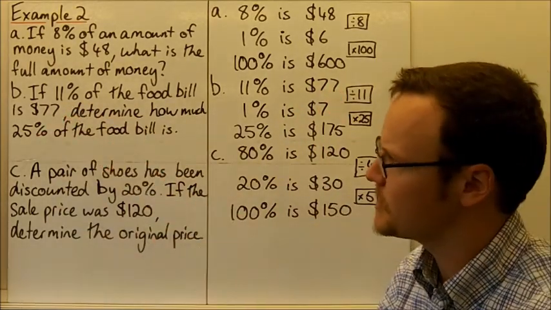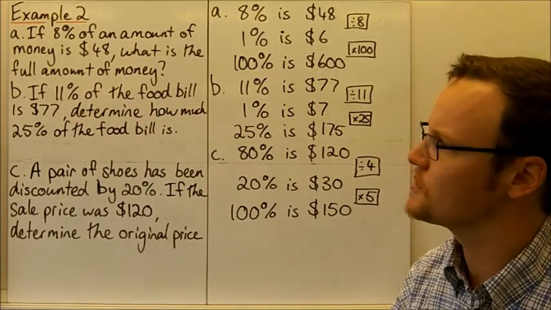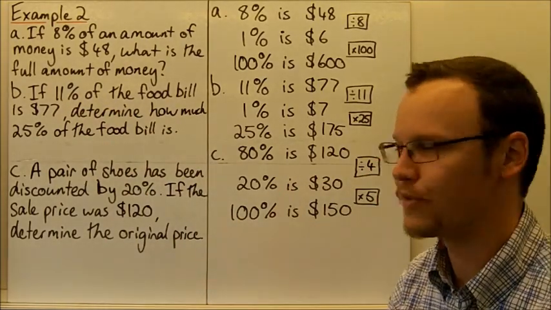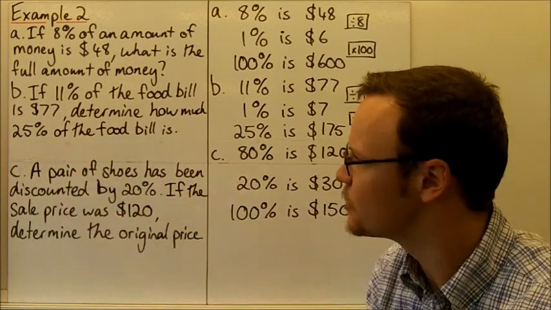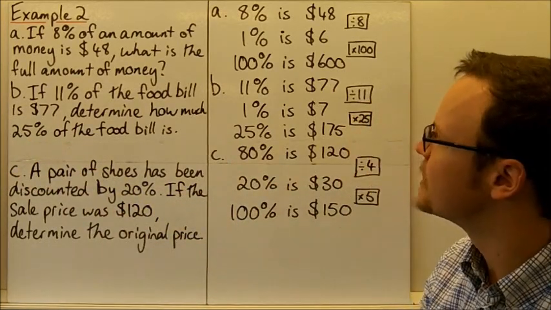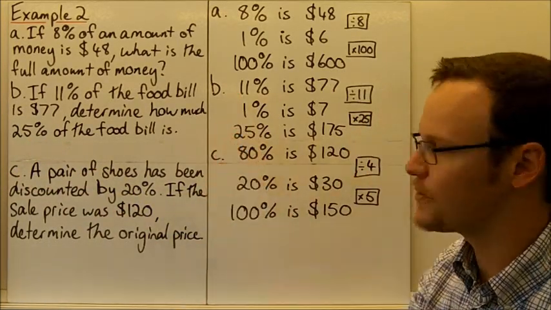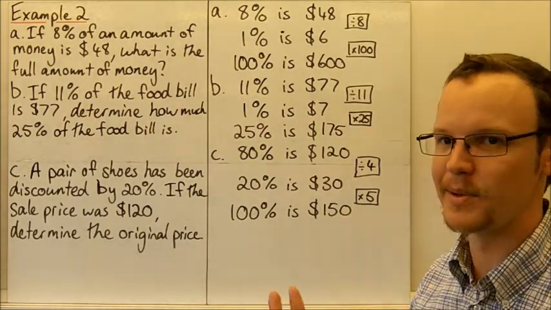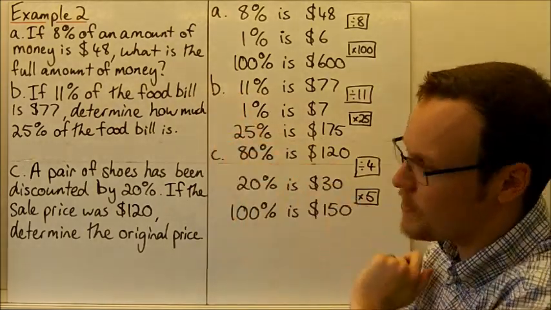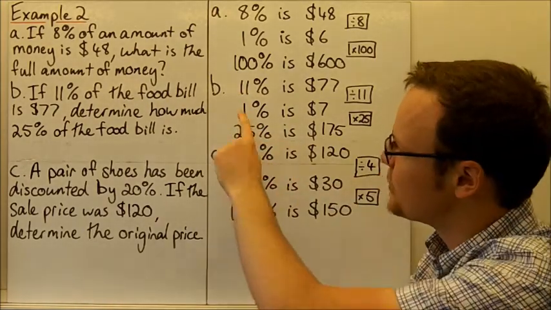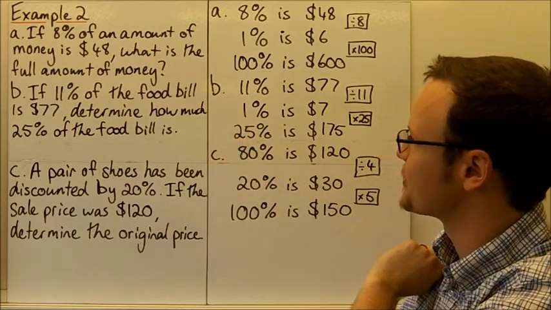B, if 11% of a food bill is $77, determine how much a quarter of the food bill is, 25%. So we need to go from 11% to 25%. We need to break it down and build it back up. So it's easiest probably to break it down to 1% and build it back up to 25%.